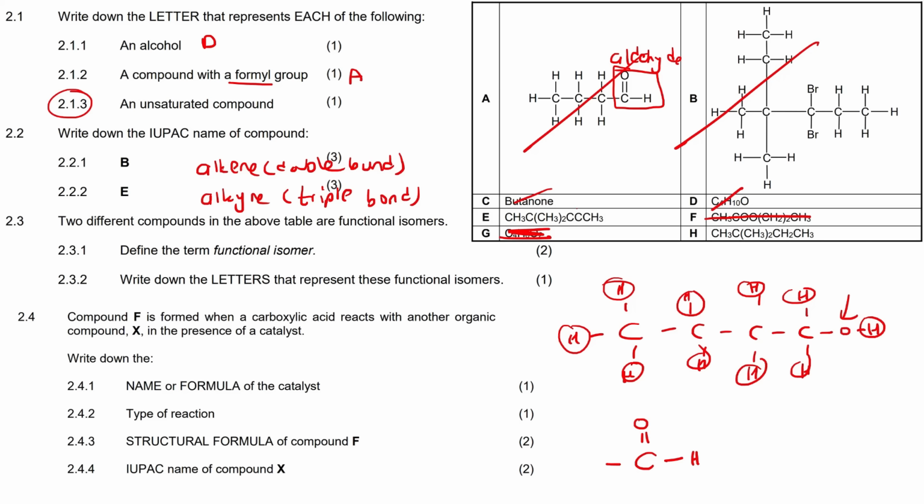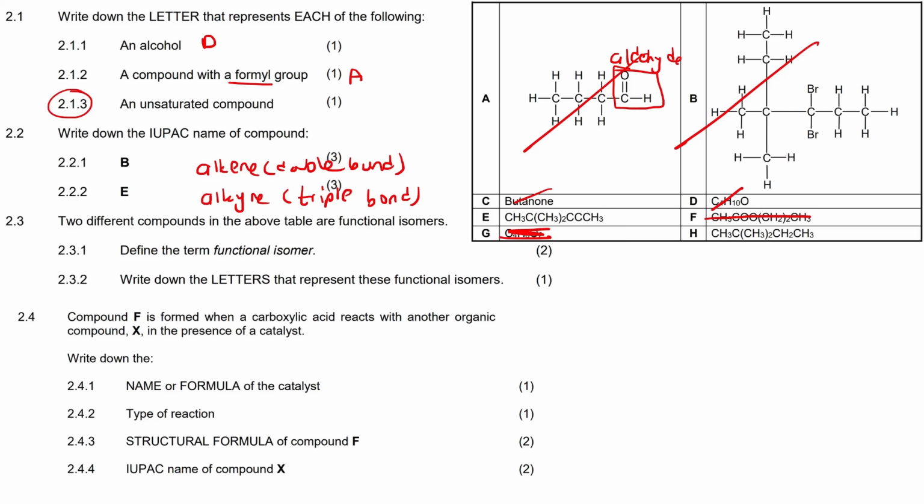Now immediately I see this CC part over there, so that makes me think there's a triple or a double bond. Let's have a look. So if we draw this one out, it's going to have a CH3, then there's a C, and then there's a CH3, but there's two CH3s.